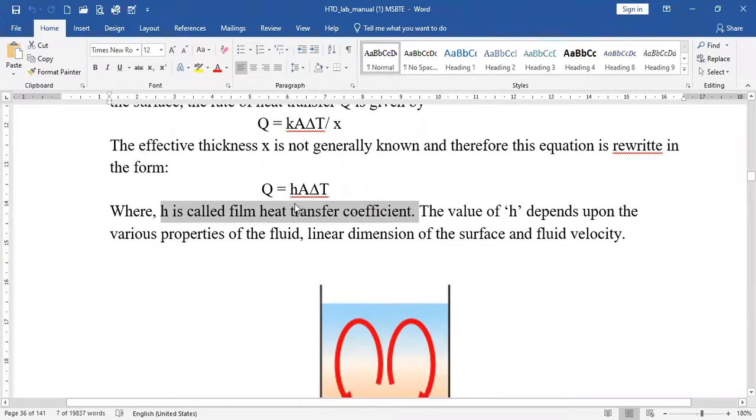So this h can also be defined with the help of this formula, that is Q upon A delta T. Q is the rate of heat transfer in watt, A is the area of heat transfer in meter square, and delta T is the temperature difference in Kelvin. So the unit of h becomes watt per meter square Kelvin.